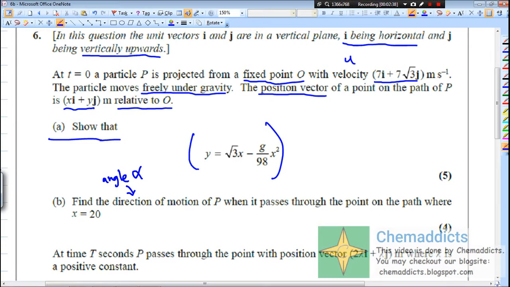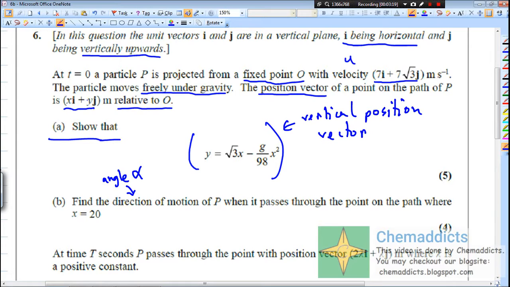Find the direction of motion of P when it passes through the point on the path where x equals 20. Before, we derived this equation, the equation for the vertical position vector. In this question it says the position vector for the path of P is this.